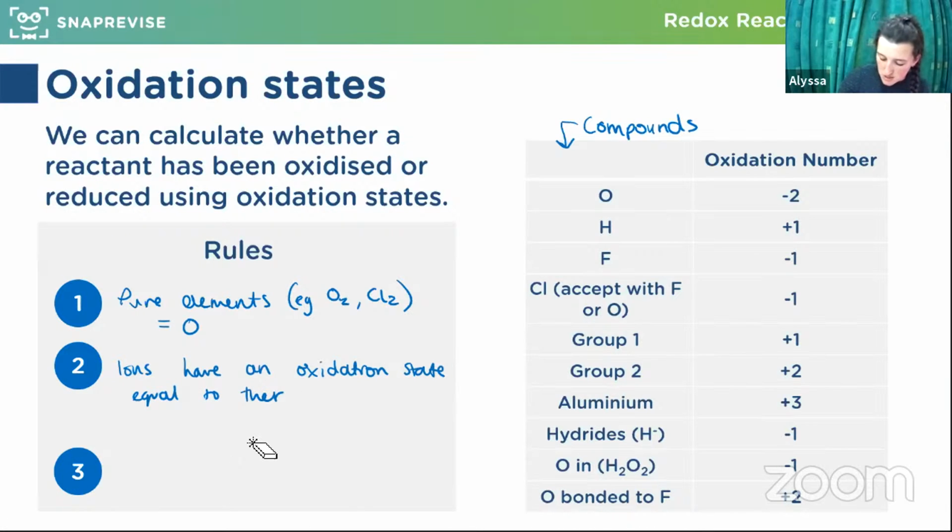Actually, I'm not sure we did mention this one, did we? So if sodium ion has a charge of +1, that's also its oxidation state. It's +1. E.g. O2- has an oxidation state of -2.